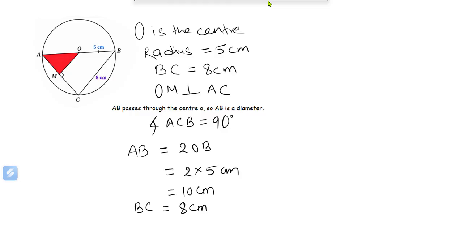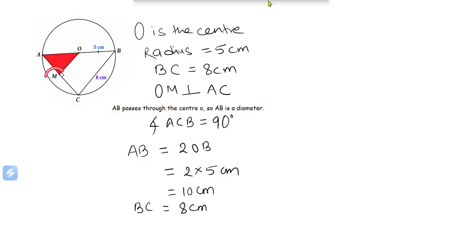The reason is this M is the midpoint of AC. This is the center and this is the perpendicular from that center on the line. Any line drawn perpendicular from the center on a chord bisects the chord, so AM is equal to MC.